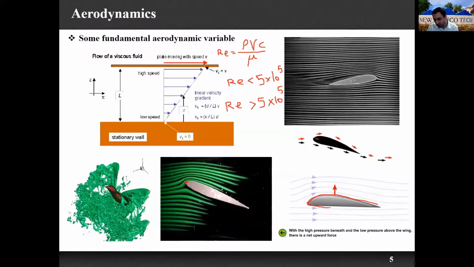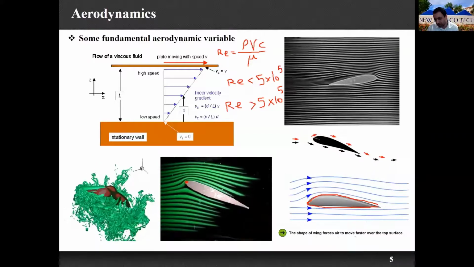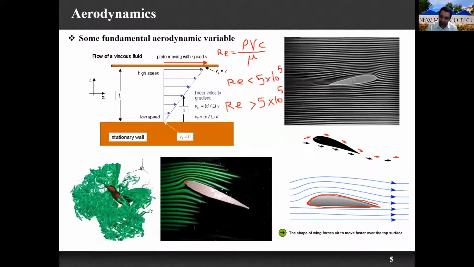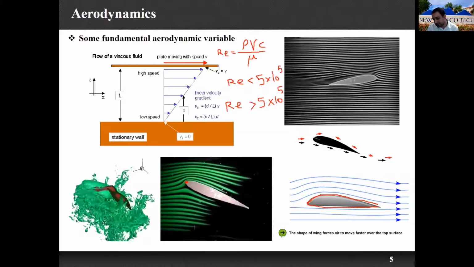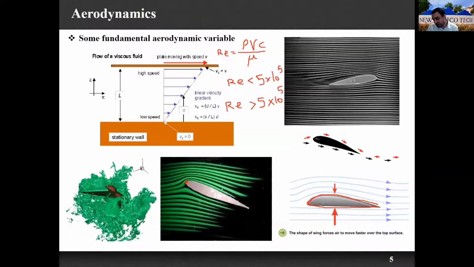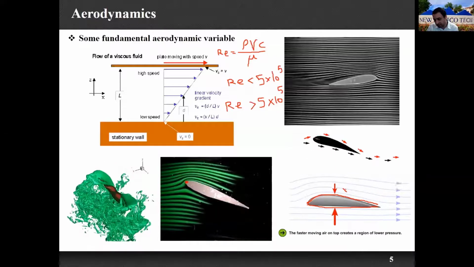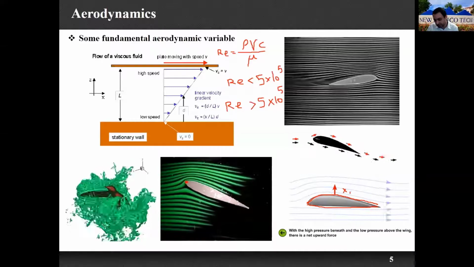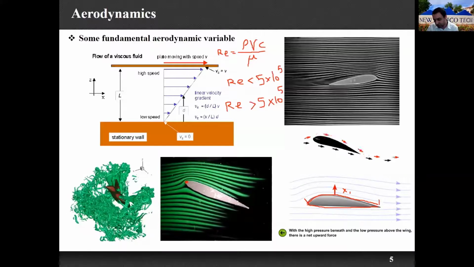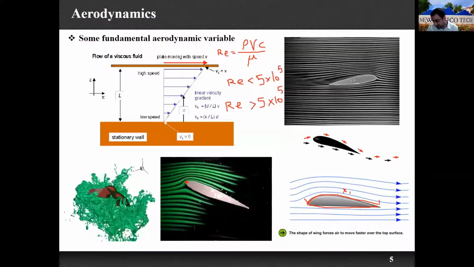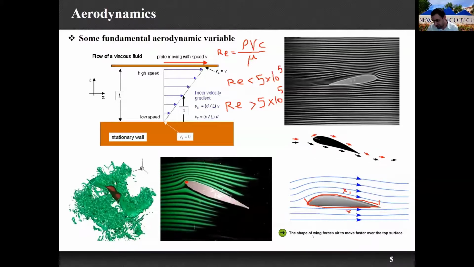The other one is moving along the lower side. Once they move through the airfoil, we know that the length at the upper side is more than the length at the bottom side. So for example, if I call the distance from here to here x1, the distance from here to here on the bottom side is going to be x2.